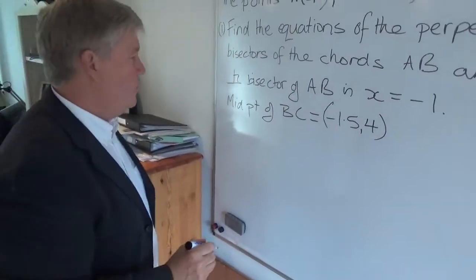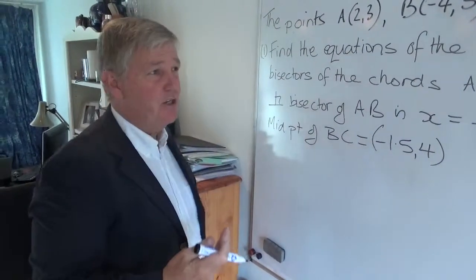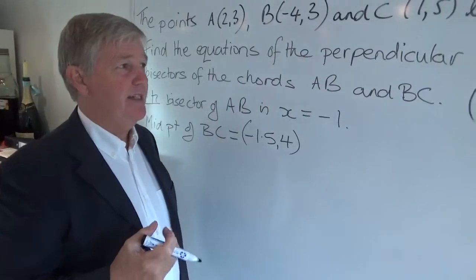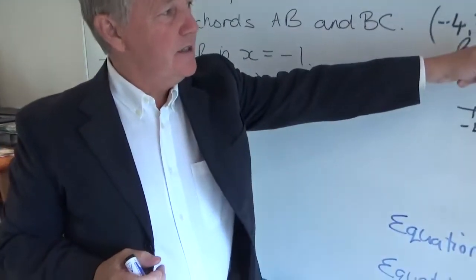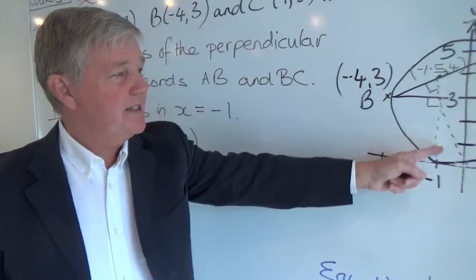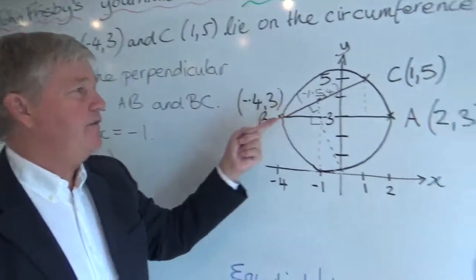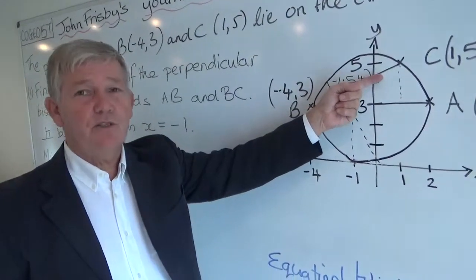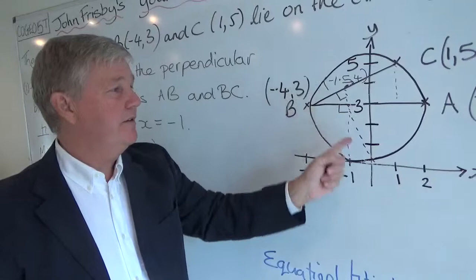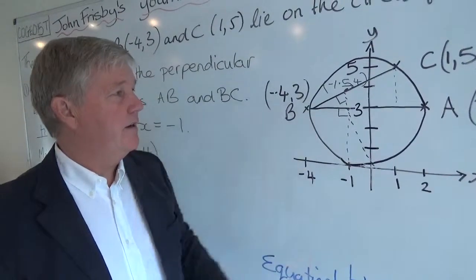Now if I want to use y equals mx plus c for the perpendicular bisector, I need the gradient of this perpendicular bisector. If I can find the gradient of BC, then I can use m1 m2 equals -1 to find the gradient of our bisector line.